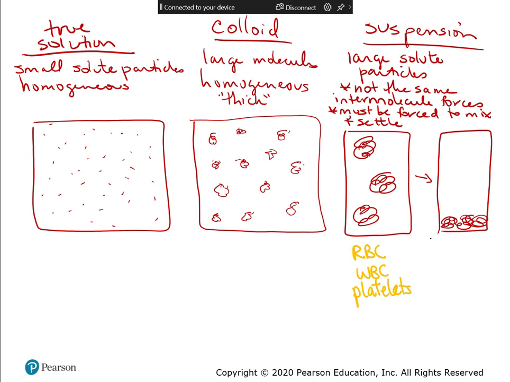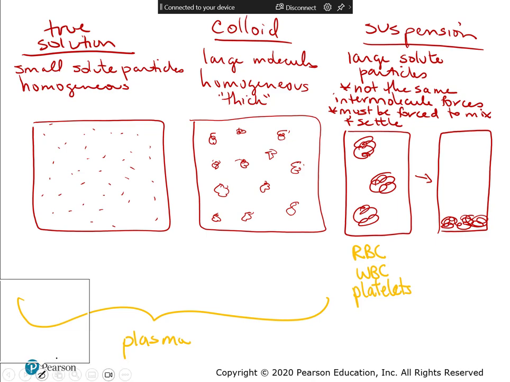But the blood plasma actually has characteristics of being a colloid and being a true solution. This is because plasma has proteins. There are proteins in the blood that are dissolved in plasma. You can't see them, like colloids. Like you can't see the fat in cream. You can't see the starch in gravy.